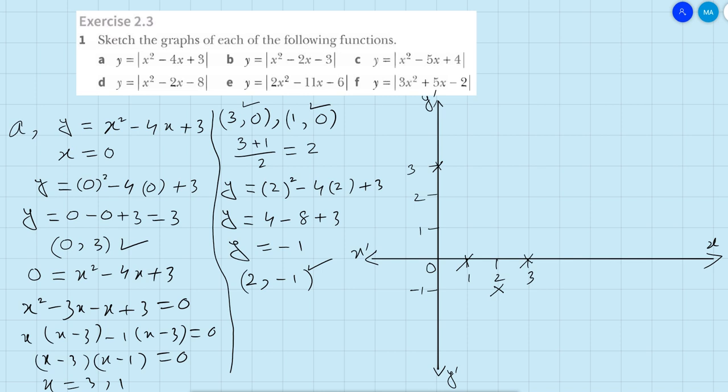Now join all these points without the help of a scale. Just use your hands to draw as smooth a line as possible. I am using a digital pen, so I am not able to draw a very good curve, but you can draw with the help of a pencil. Now I am trying to draw as good as possible.